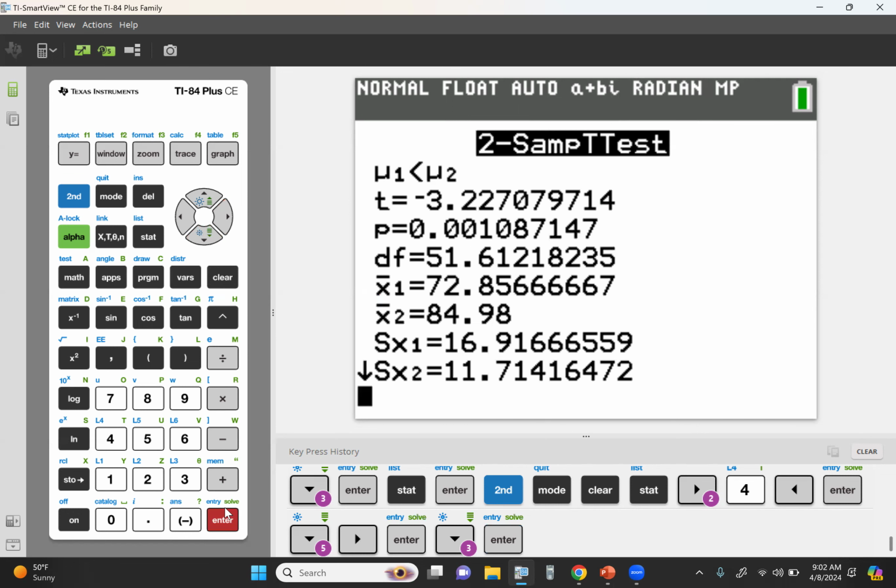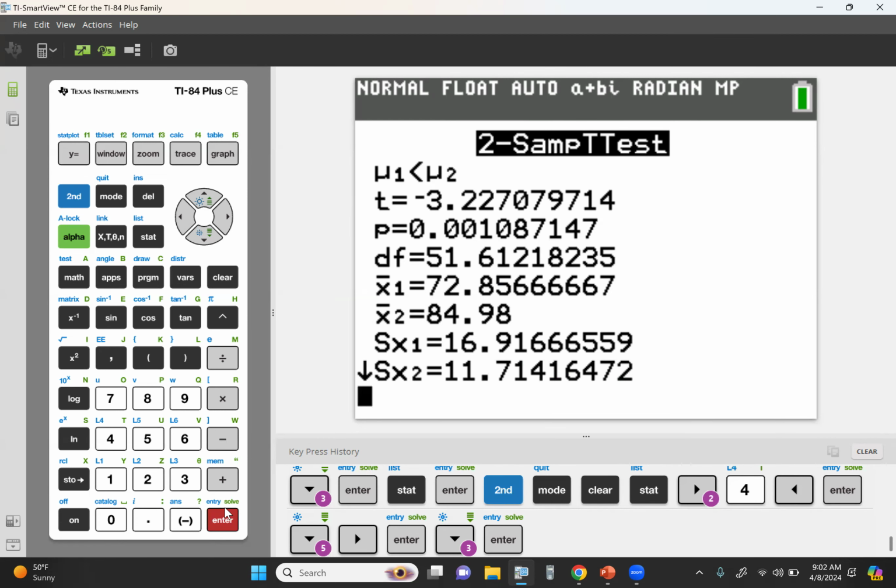Okay, so you see at the top, it's testing whether mu1 is less than mu2. The t-score for this data is negative 3.2271, and the p-value is 0.0011. The degrees of freedom for this test is 51.6122. And then you can see the averages for the two groups. The average for the online group was 73.